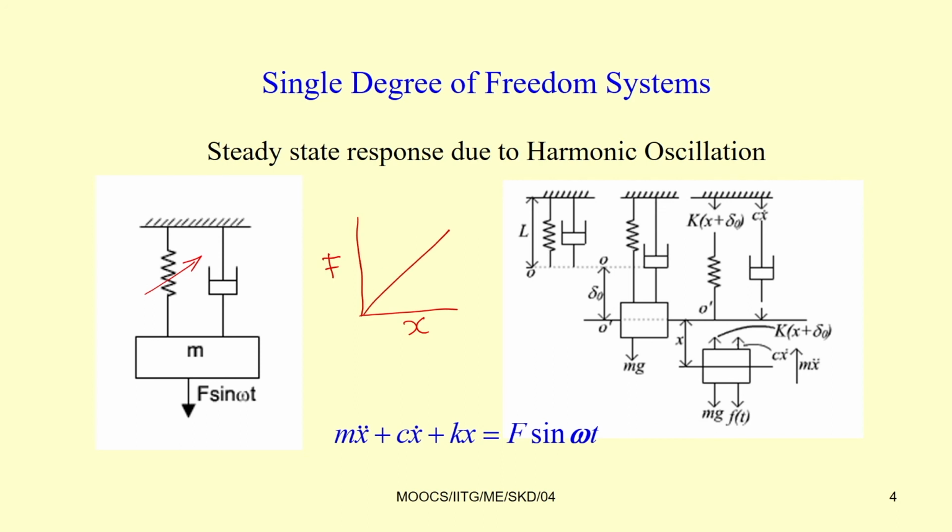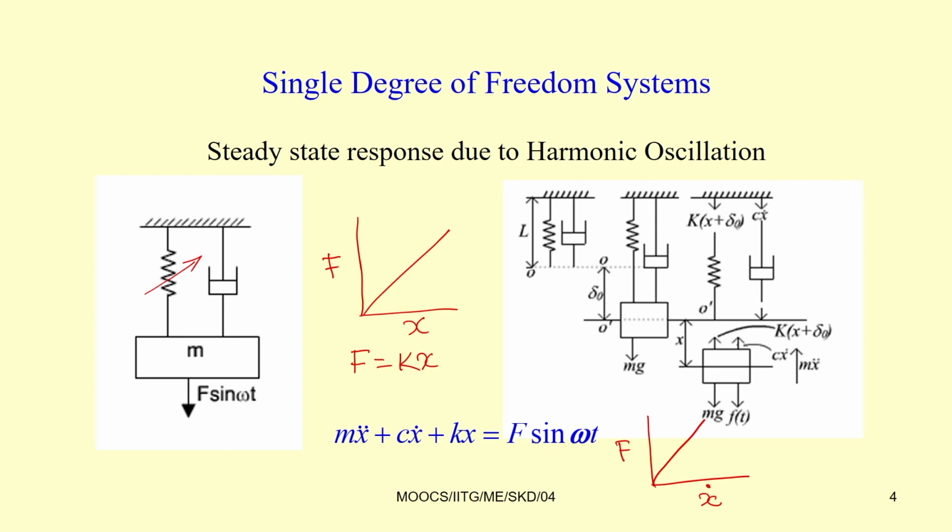Initially the spring force is F equal to kx. Similarly, if we plot the damping force versus x dot, it is C x dot, and it is also linear. So we have a linear system initially, then we will convert it to a nonlinear system.